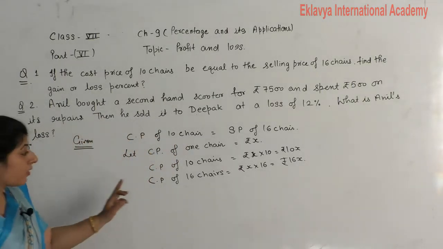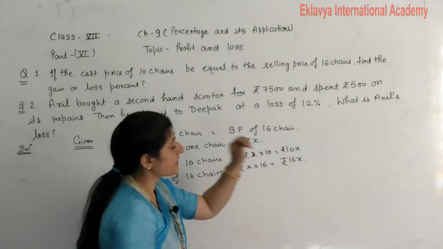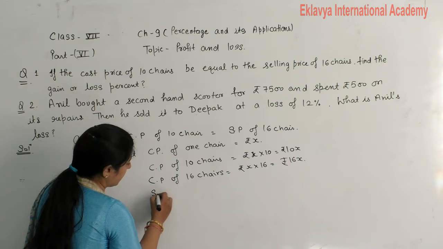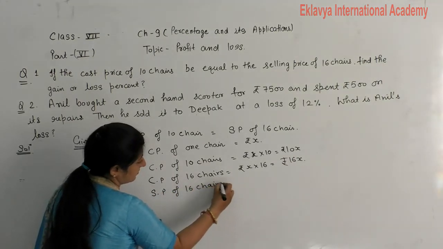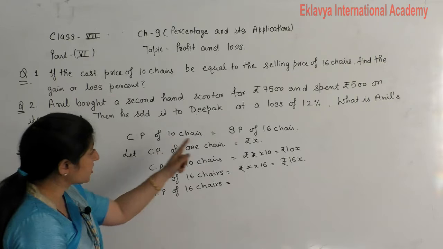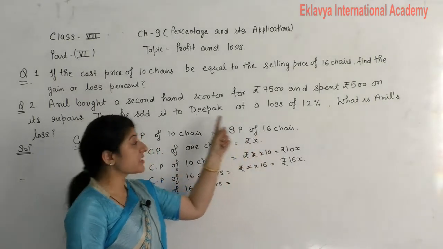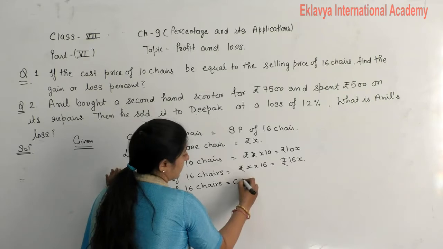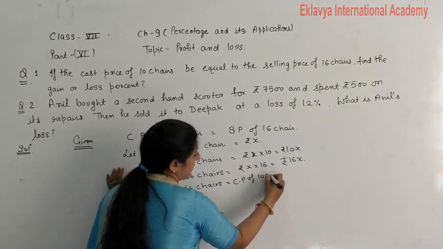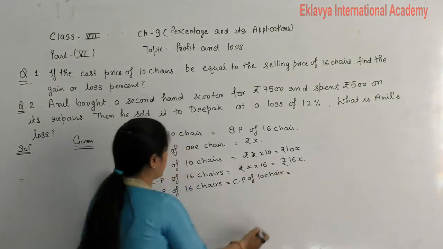Now see, cost price of 16 chairs is 16x, and the selling price of 16 chairs, it is given to you by the relation, is equal to cost price of 10 chairs. And what is the value of it?